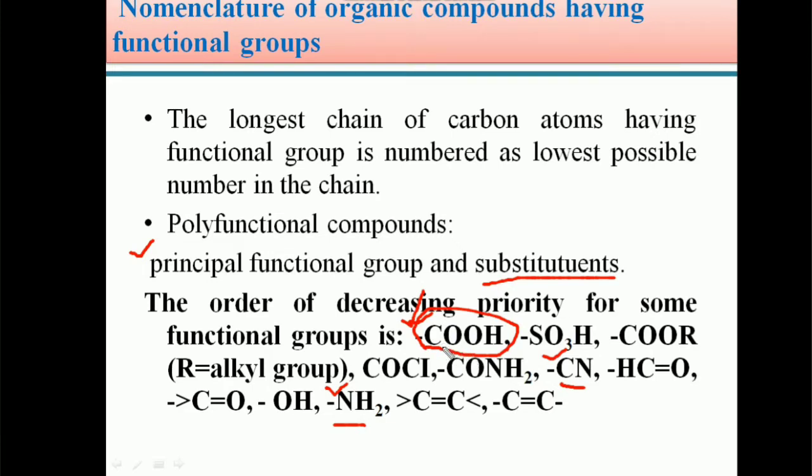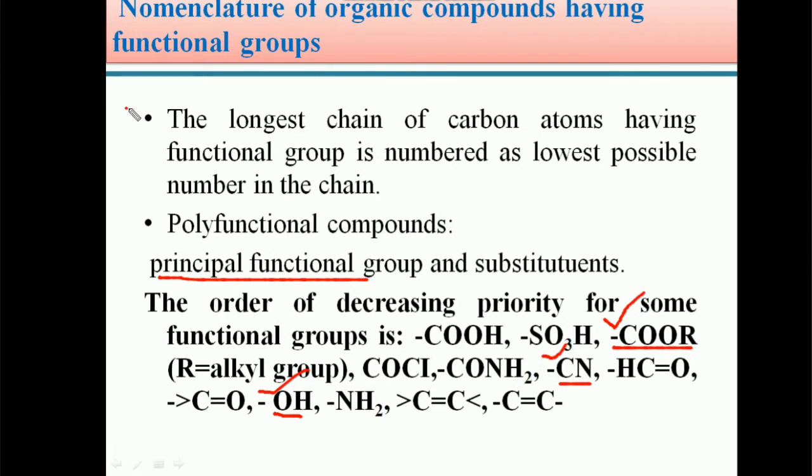So COOH is the highest priority and the remaining groups are considered substituents. Or, for example, if an organic compound contains an OH functional group, a CN functional group and an ester, in this case COOR, the ester, is the first priority. Therefore, it becomes the principal functional group, and the OH group and CN group become substituents.